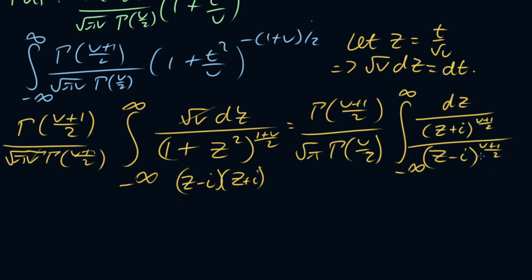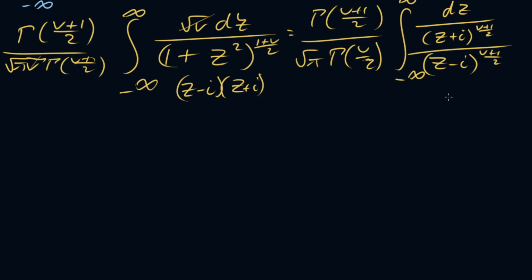So at this point it might look like this is a really hard integral to evaluate, but actually it's not so bad if you use a bit of complex analysis and the residue theorem. Let's start by drawing a complex plane, and let's draw a semicircle starting at minus r to r.